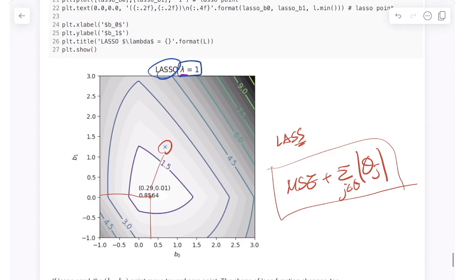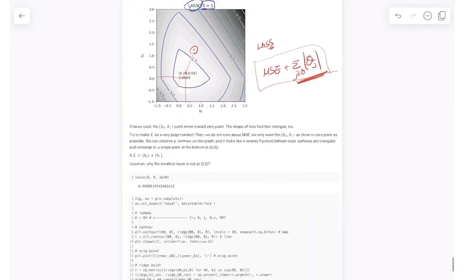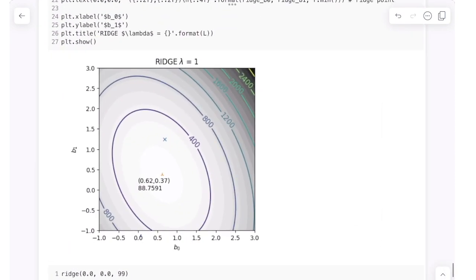So the lowest value of MSE plus this value will be right here. And again, for ridge regression, it moves to here.